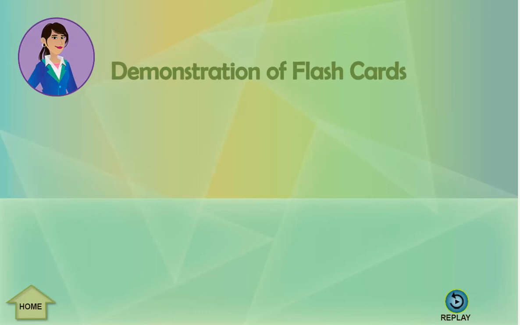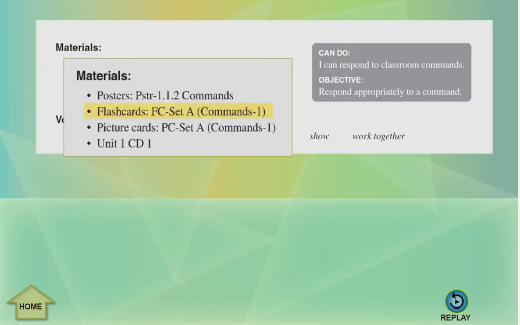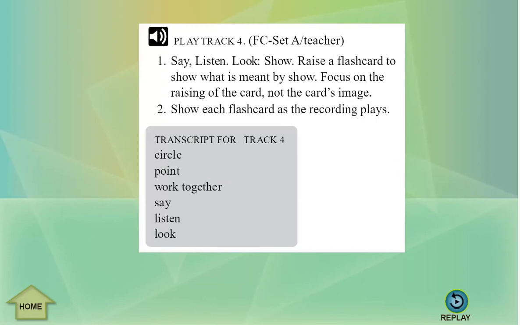Let's talk briefly about how flashcards are used in the Fundamentals course. For this lesson, the instructor will need flashcard set A, commands, 1. For this activity, the instructor will use the flashcards: circle, point, work together, say, listen, and look.